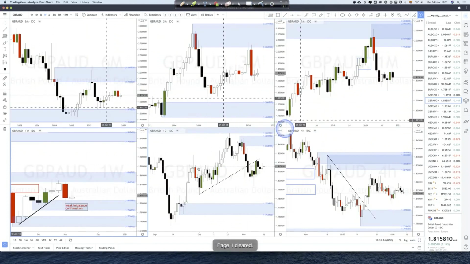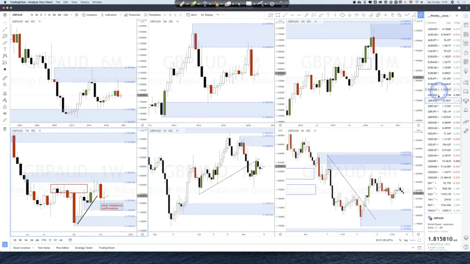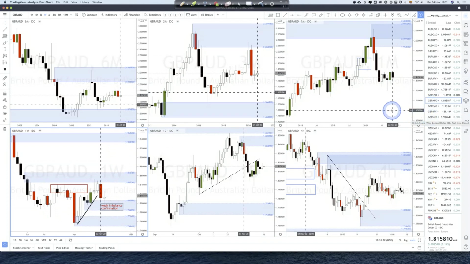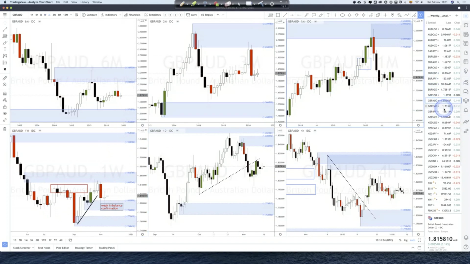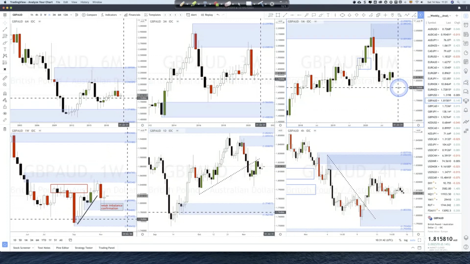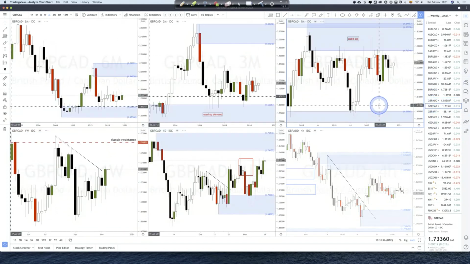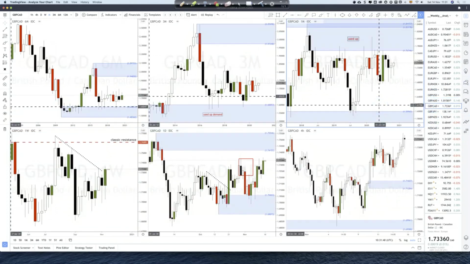Like I said, once the main currency, the base currency on the cross pair starts consolidating, it usually affects all the other cross pairs. It's like a contagion, like a virus affecting all of them. So it's going to have all these cross pairs on the pound doing strange things.